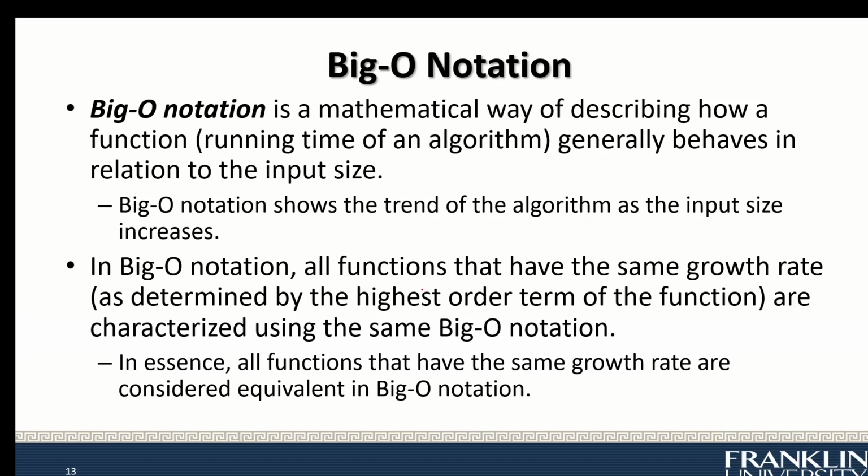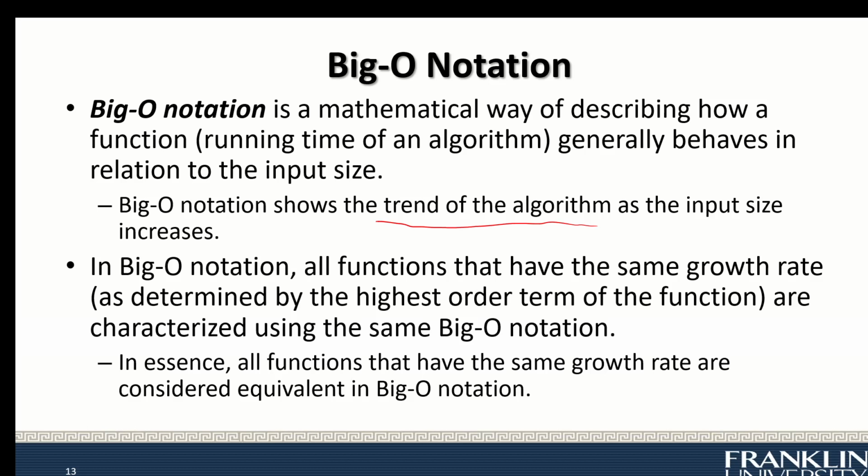The main idea behind it is it shows the trend of the algorithm as the input size increases: is the algorithm runtime proportional, which is linear, to the input size, or is the running time constant, meaning it does not matter what the input size is?